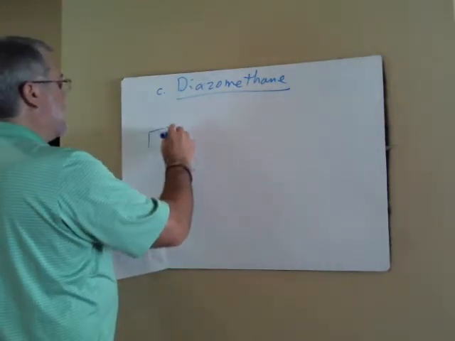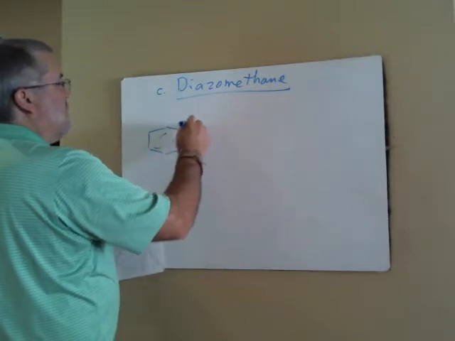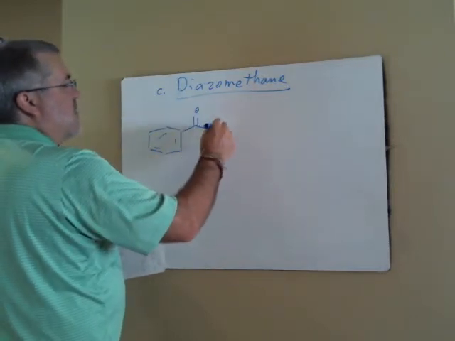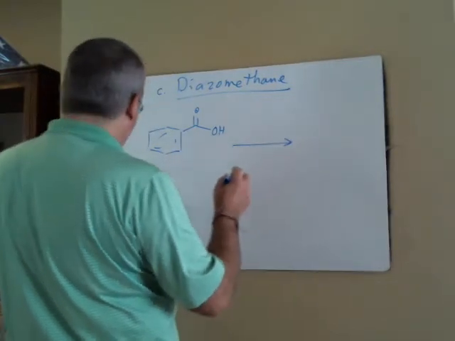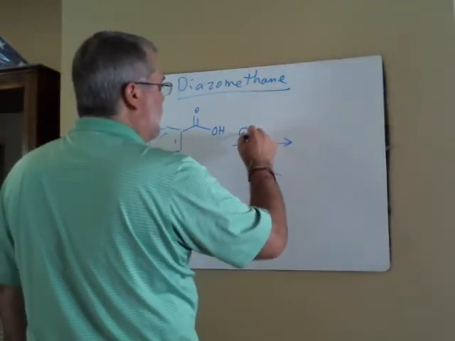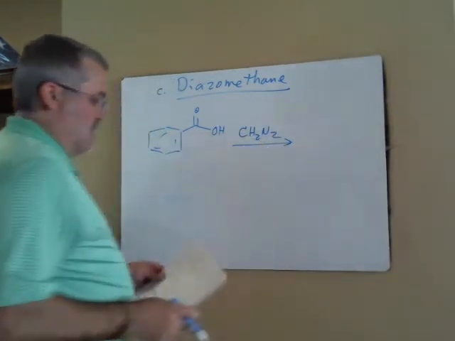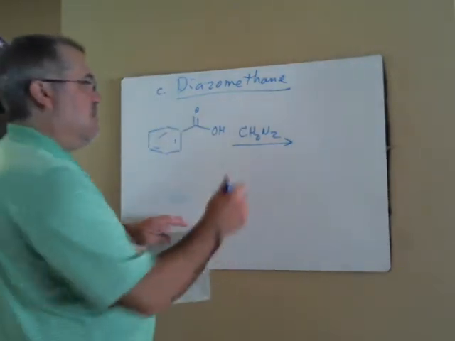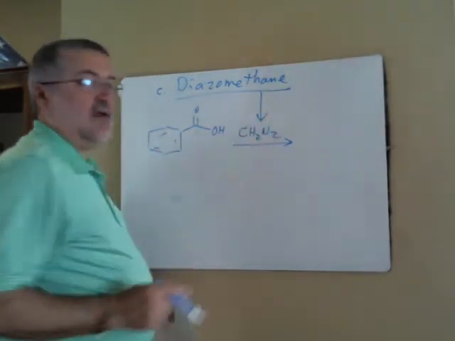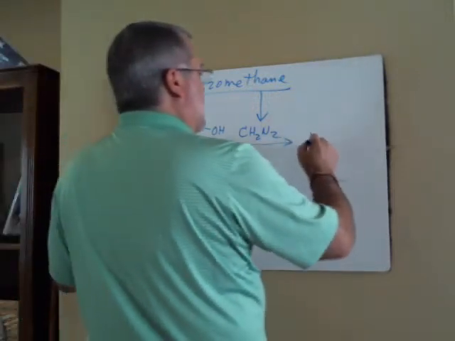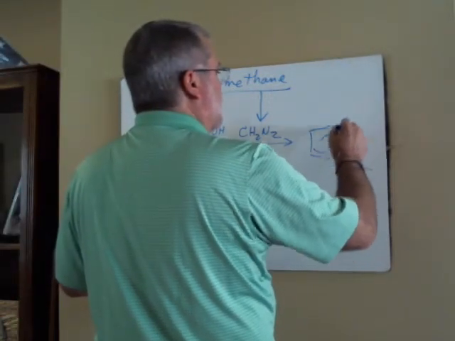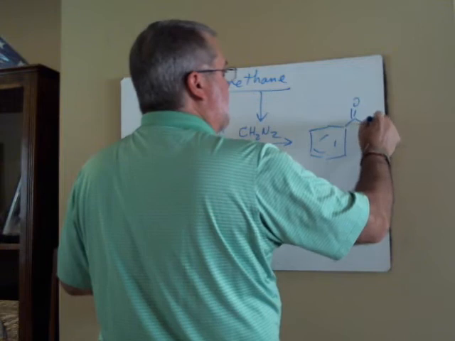And so in general, if you were doing your flashcard and you have a carboxylic acid, you're going to react it with diazomethane, which has this formula, CH2N2. This is diazomethane. It's a reagent, and the result is the formation of the methyl ester.